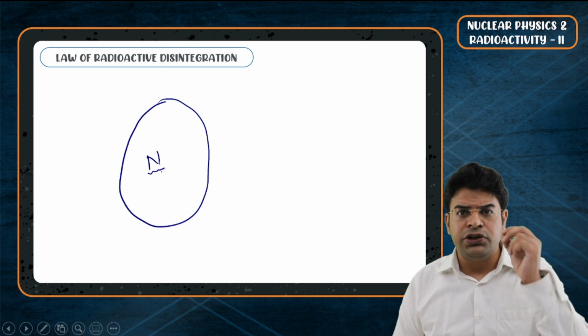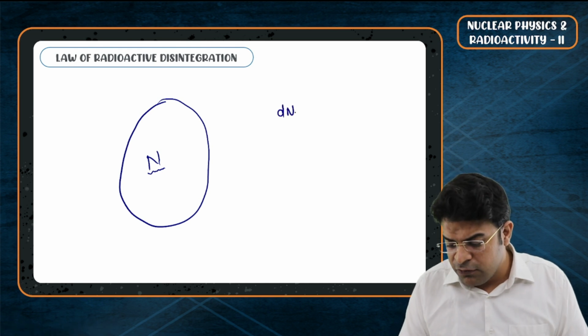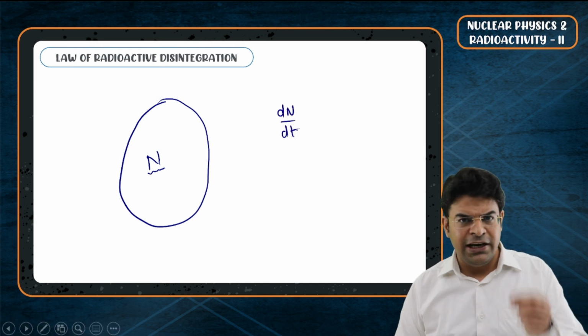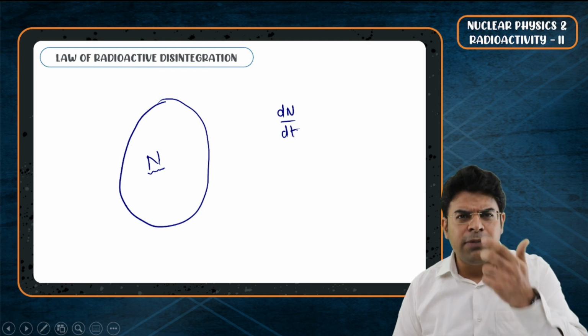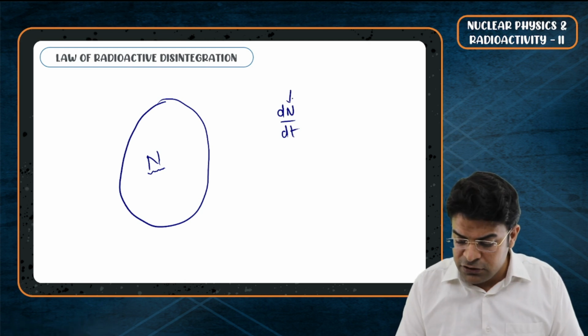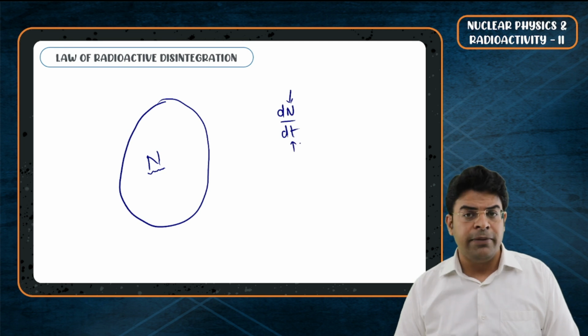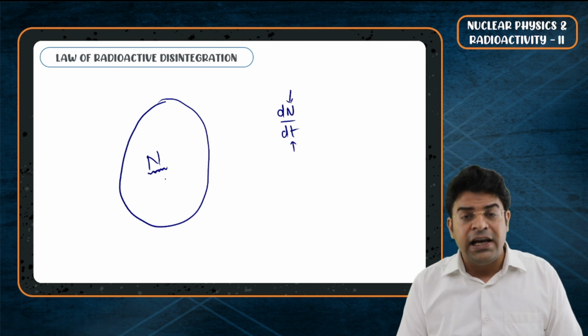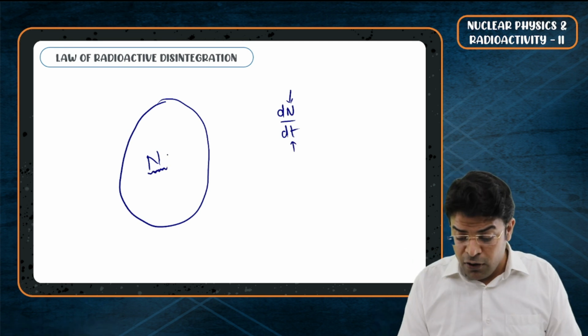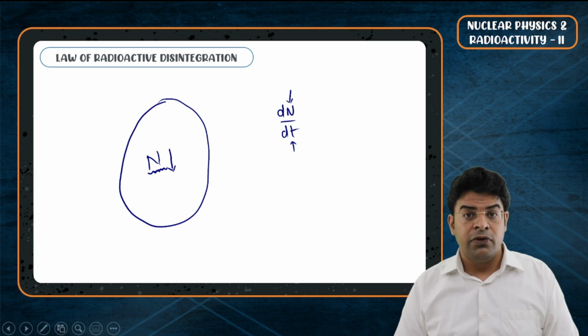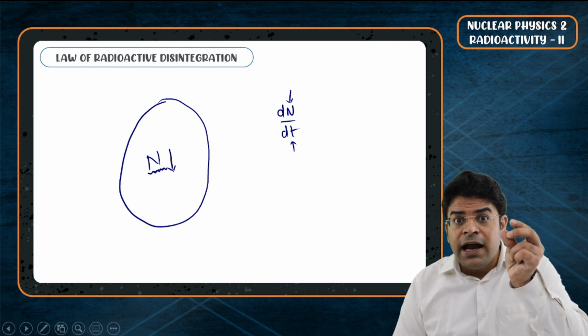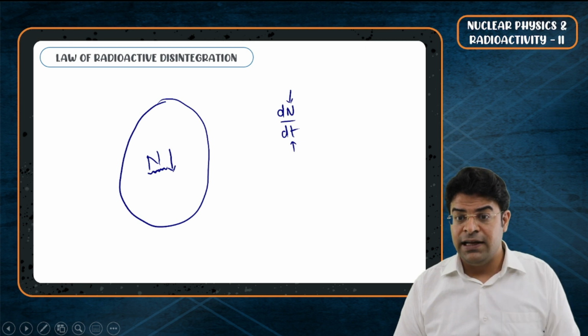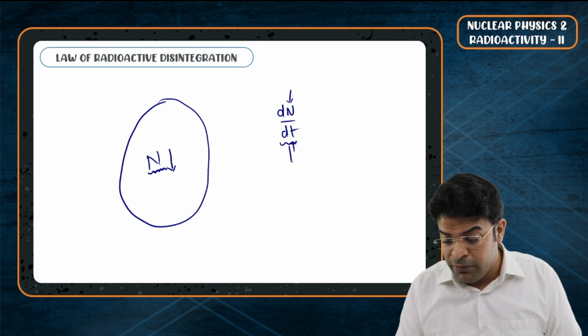If I ask you what will be the sign of dN by dt, what does dN by dt represent? The rate of change of number of active nuclei with respect to time. As the radioactive nuclei will disintegrate, the number of radioactive nuclei will decrease. If the number of radioactive nuclei will decrease, then you can say that dN by dt must be negative.